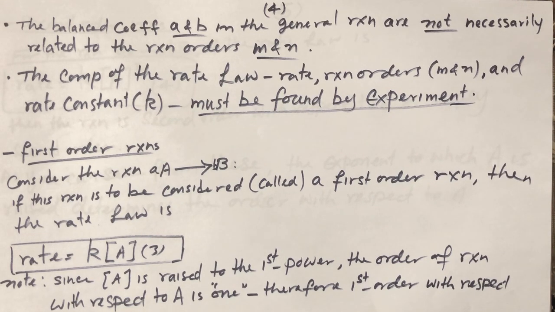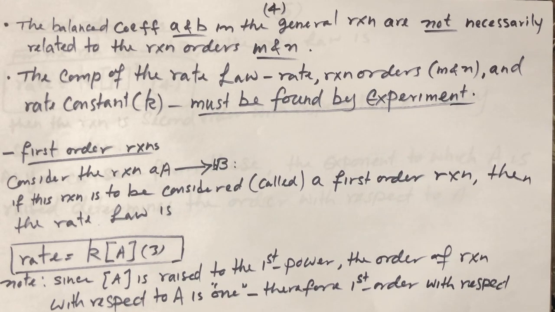We don't know what they are, and that's why we leave them as M and N, because they have to be determined by the method of initial rates that we will discuss in the next section. So A and B are not necessarily appearing in that rate law equation. M and N are not the same as A and B.